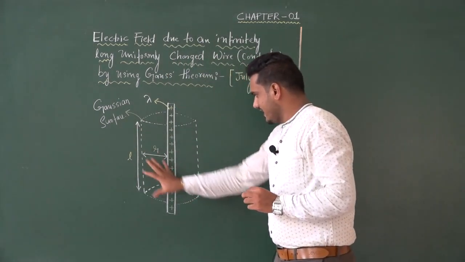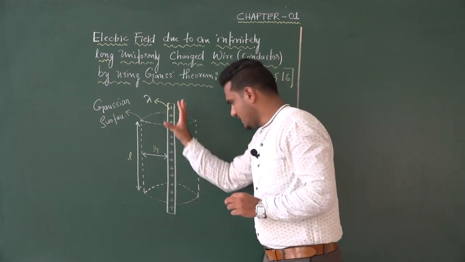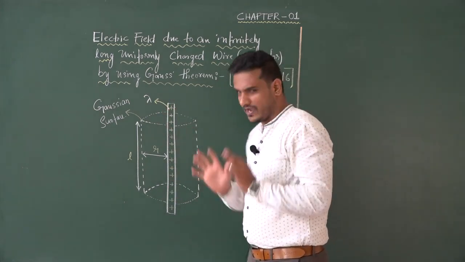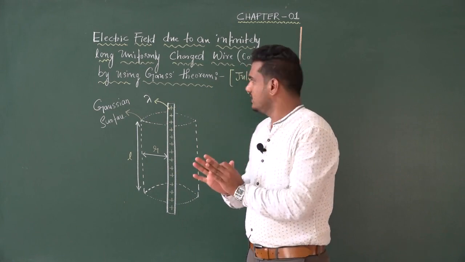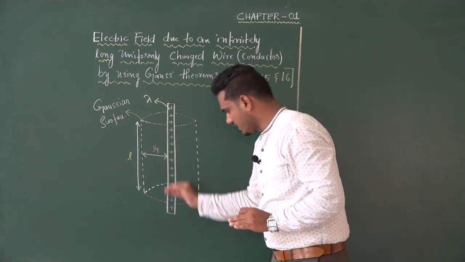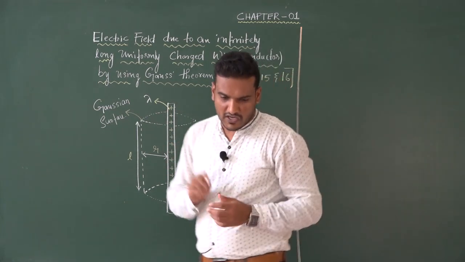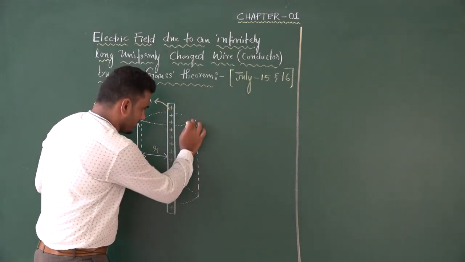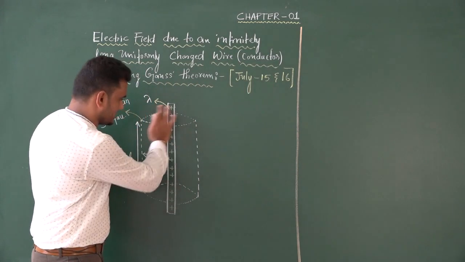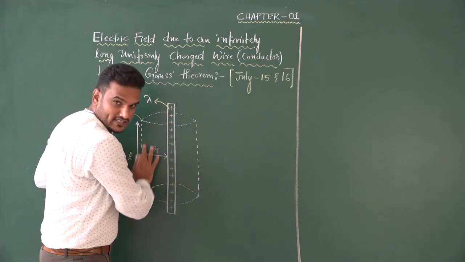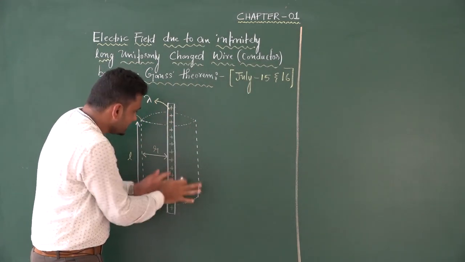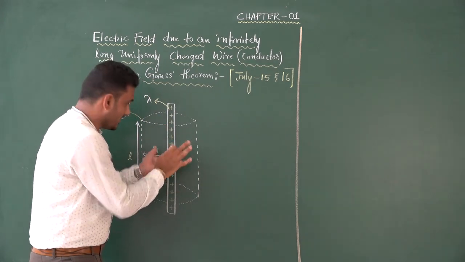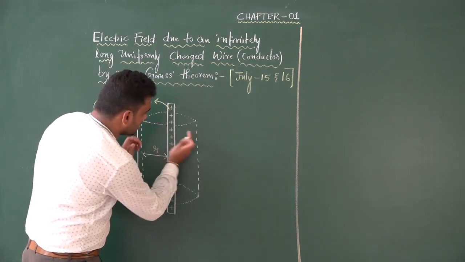So as I explained everything, whatever the things I have considered, now I am finding the electric field due to this conductor or a wire. Now I am going to consider this cylindrical surface. In this cylindrical surface, you can notice that from here to here this is the curved surface.